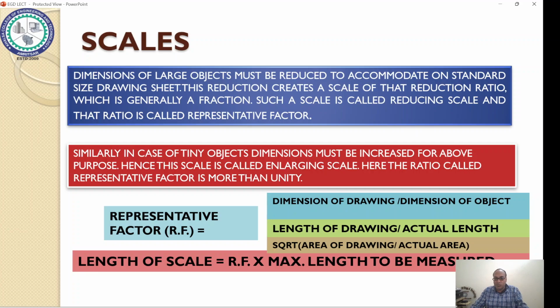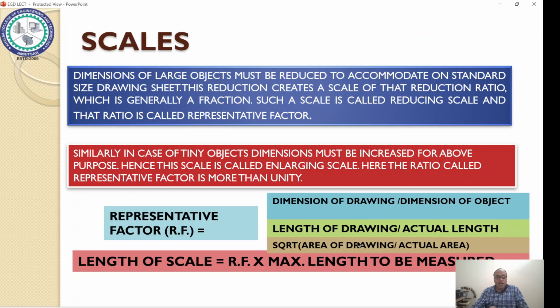In those cases, we have to again find out the representative fraction, and the formula is, we have to take the square root of the area of the drawing upon the actual area. Okay, so as you know, the representative fraction is a ratio, so it doesn't have any unit.